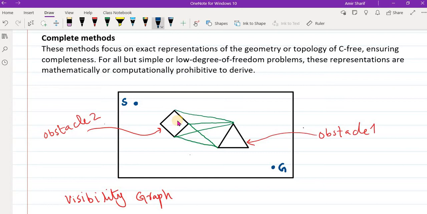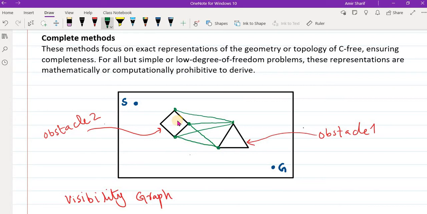What it does is connect the start point with the nearest visible vertex. The nearest visible vertex is this one. This one is not a vertex included in the visibility graph, because the graph only consists of these vertices here. This one, this one, this one, this one, and here.